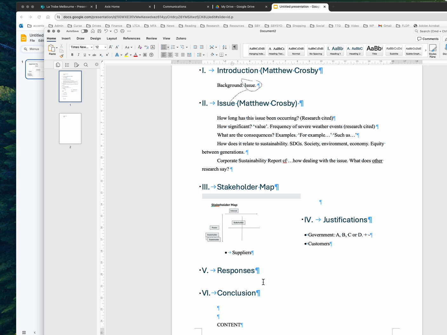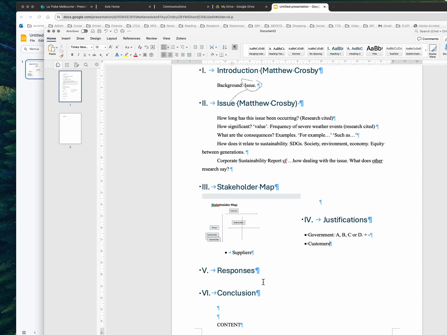Be specific. If you're talking about the government, make sure you tell me, is it the state government or is it the federal government? If you're talking about suppliers, are they people involved in logistics, mining, farmers? Are they manufacturers? Be specific with this. Remember, different stakeholders have different values and priorities.